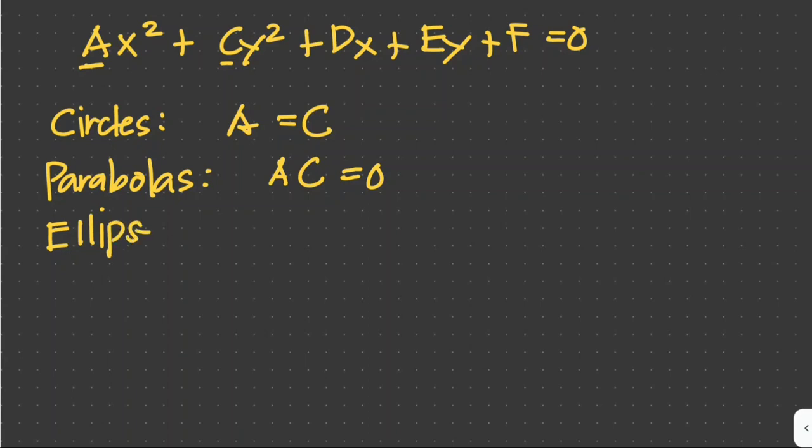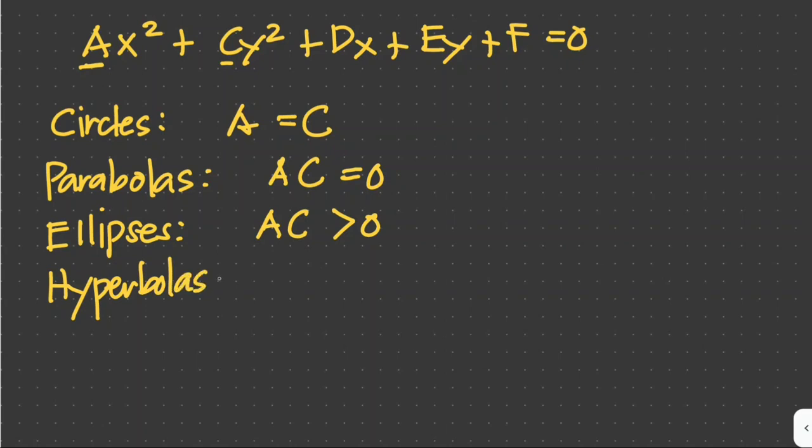And then for ellipses, the product of A and C should be greater than 0. And for hyperbolas, the product of A and C should be less than 0. Okay, say for example, we're given this equation.